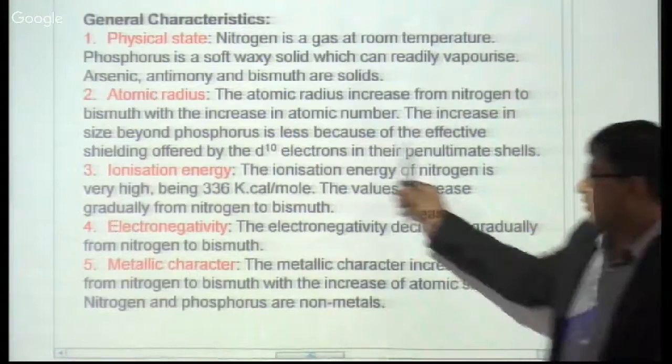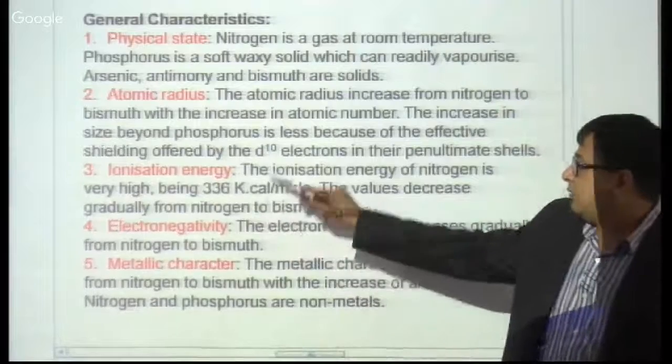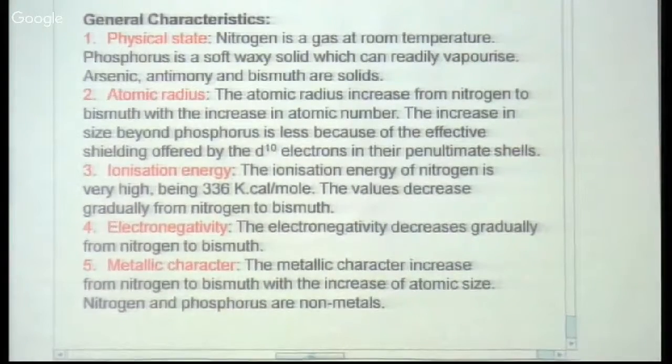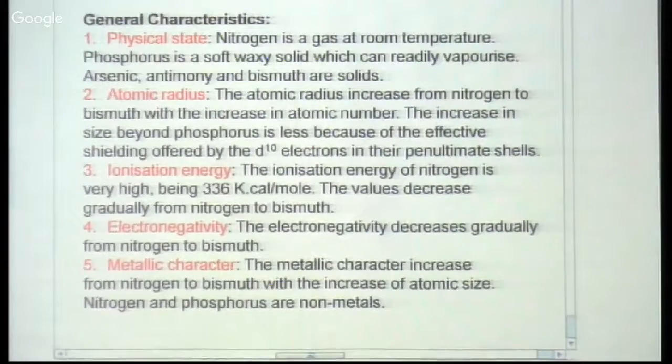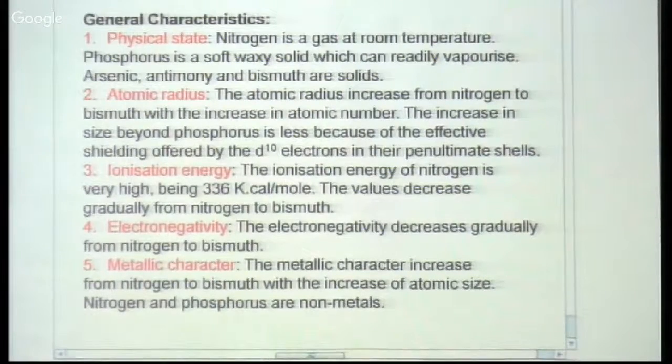So if you see the trend of ionization energy, you can easily identify the d10 shielding effect in the ionization part, right? So ionization energy is again very important in terms of reactivity. If the atom has higher ionization energy, it is very difficult to remove the electron, and chemically such atoms are unreactive. So in nitrogen, the ionization energy is very high, so it is very difficult to remove an electron from nitrogen.